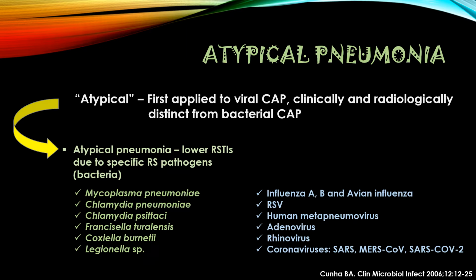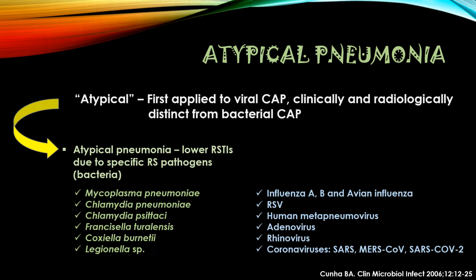For example, Mycoplasma pneumoniae and Chlamydia pneumoniae, these two are the common causes of atypical pneumonia that you are familiar with. The others include Chlamydia psittaci, Francisella tularensis, and Coxiella burnetii.